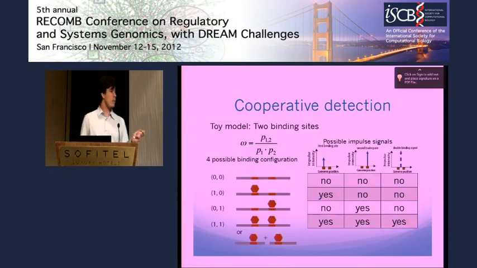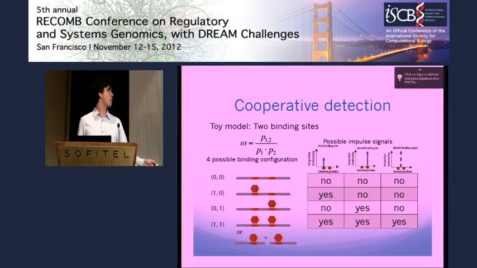Cooperative interaction indicates that the binding to both sites is not independent from the binding of each site individually. So in a toy model with 2 sites, you can have 4 cases, from none of them bound to all of them bound. And each of those configurations is able to emit a different impulse signal.